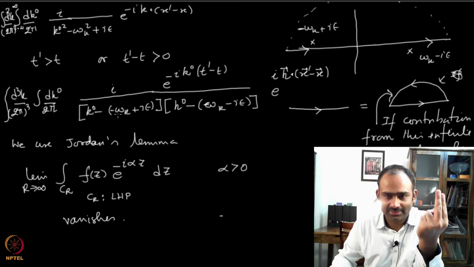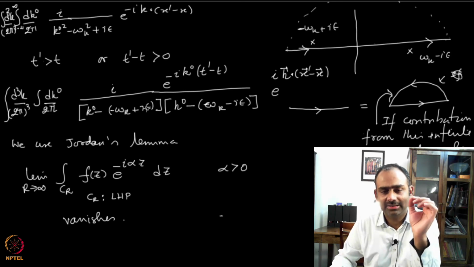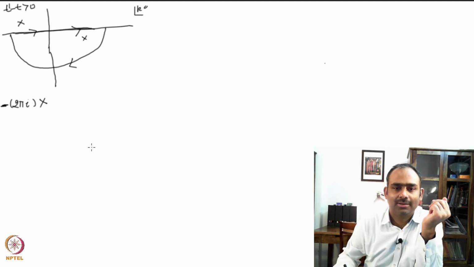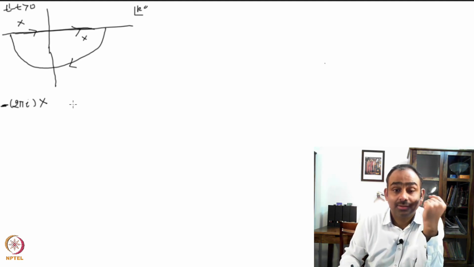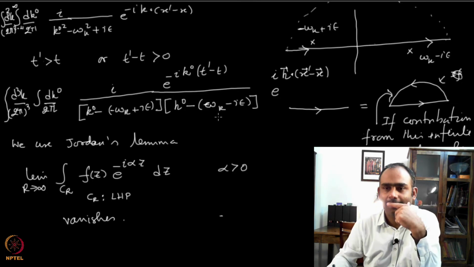So, 2 omega k's and again a minus I epsilon. So, you get 2 omega k minus I epsilon. So, you get 1 over 2 omega k, but you still have the exponential factor.